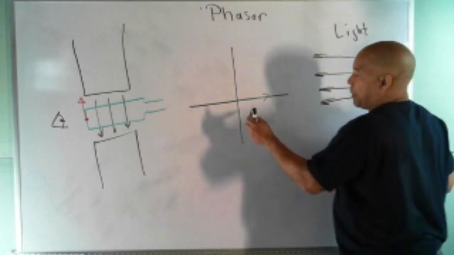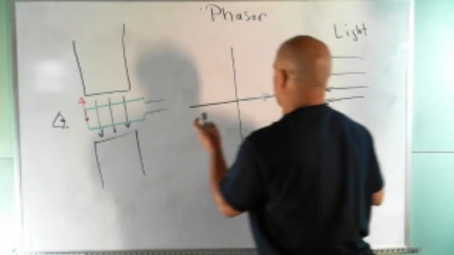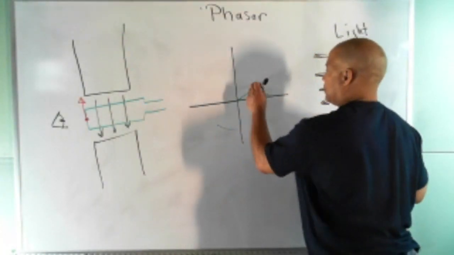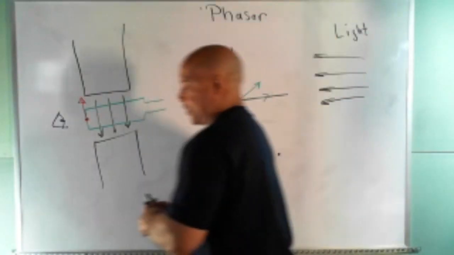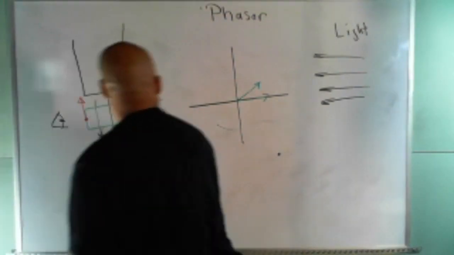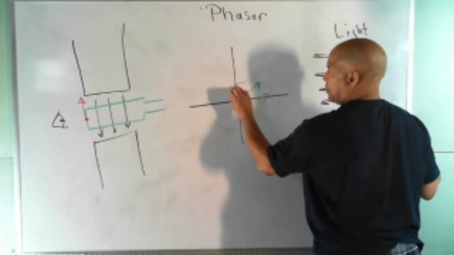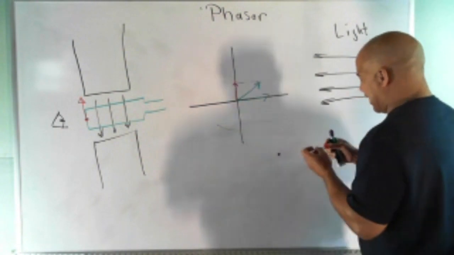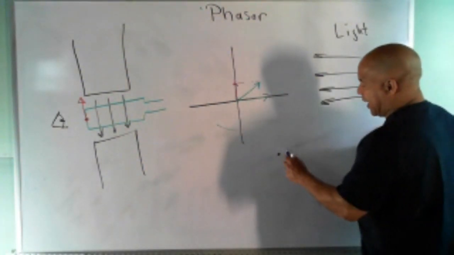But as the coil starts to turn, let's say it moves to this position, then the shadow now looks like this. The light will make a shadow like this. And the length of this arrow actually represents the force created at that position.